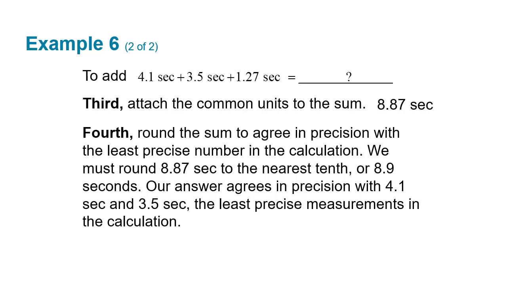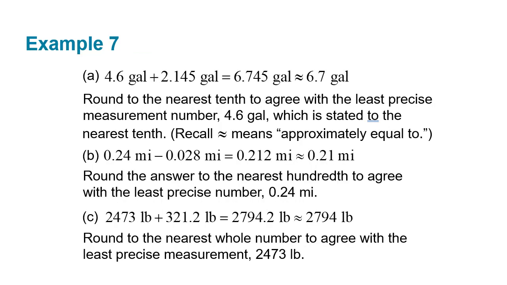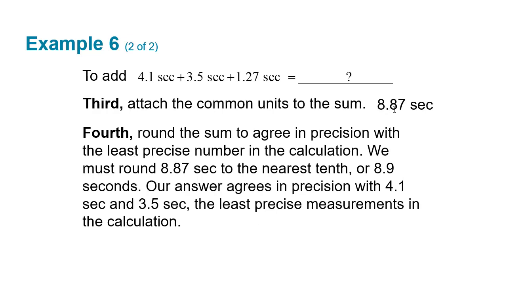Now, I know that seems kind of silly, like why do we make it less precise? And it really comes back to the idea of we don't want to present our solution with more precision than it actually has, right? If you gave your answer as 8.87 seconds, you're basically saying that your answer is precise, right, to the hundredths place, the hundredths of a second.